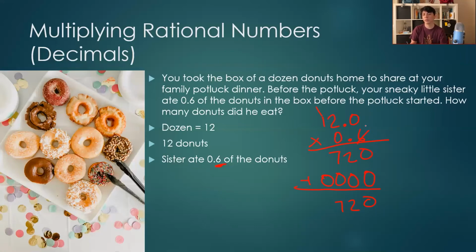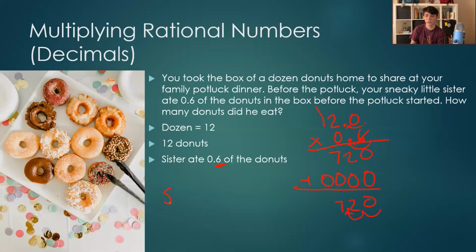To determine that, we go to the first number, start all the way at the right, and count until we get to the decimal. That's just 1, so we move over 1. But then we have another decimal, so we start from the right again and count until we get to the decimal. We move over 1 more time. And that's where we're going to write our decimal.